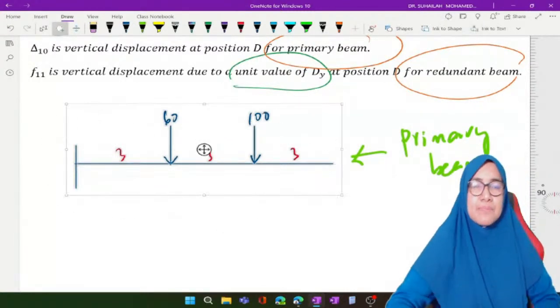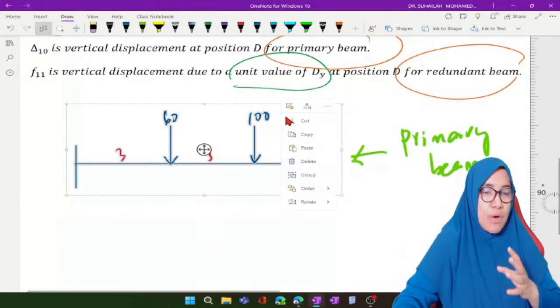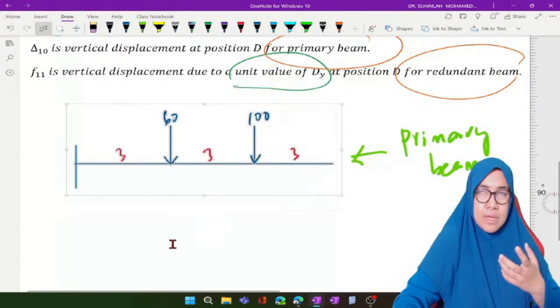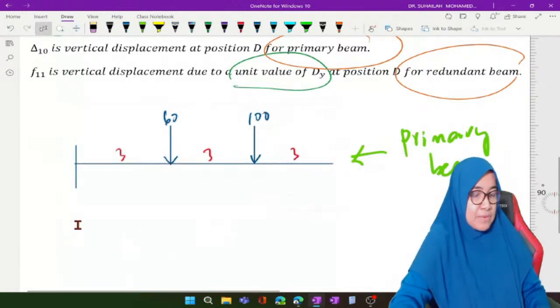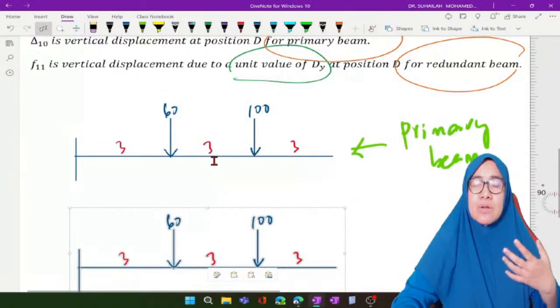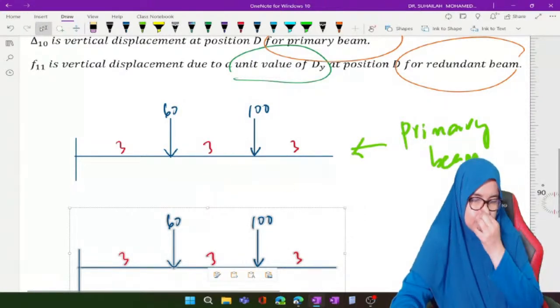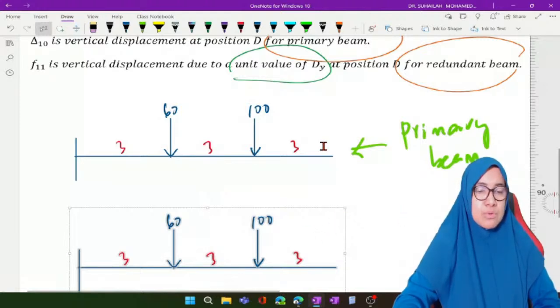It must be a cantilever beam as well. For the redundant beam, if the primary beam is a cantilever, the redundant is also a cantilever. If the primary beam is a simply supported beam, the redundant is also simply supported. It differs due to loading only.